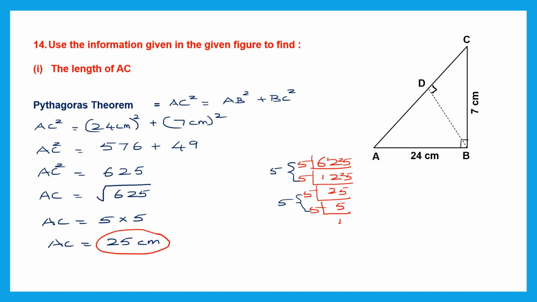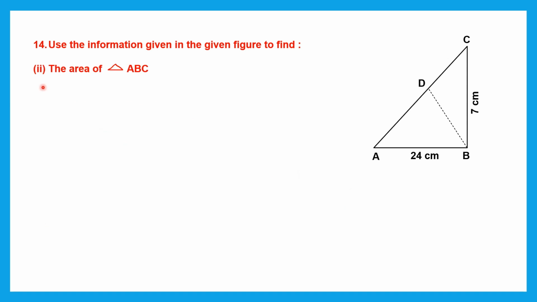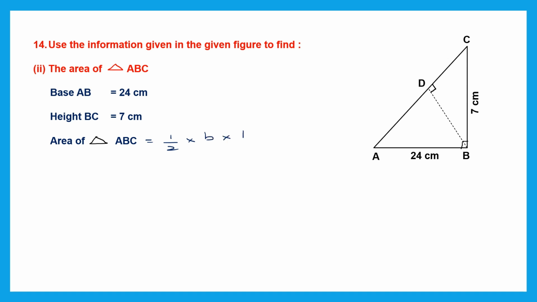Now what is the second question? In the second question, we have to find the area of triangle ABC. So let's do that. We have been given the base, that is 24 centimeters. We have the height 7 centimeters and now we can find the area of triangle ABC by using the formula half into base into height.